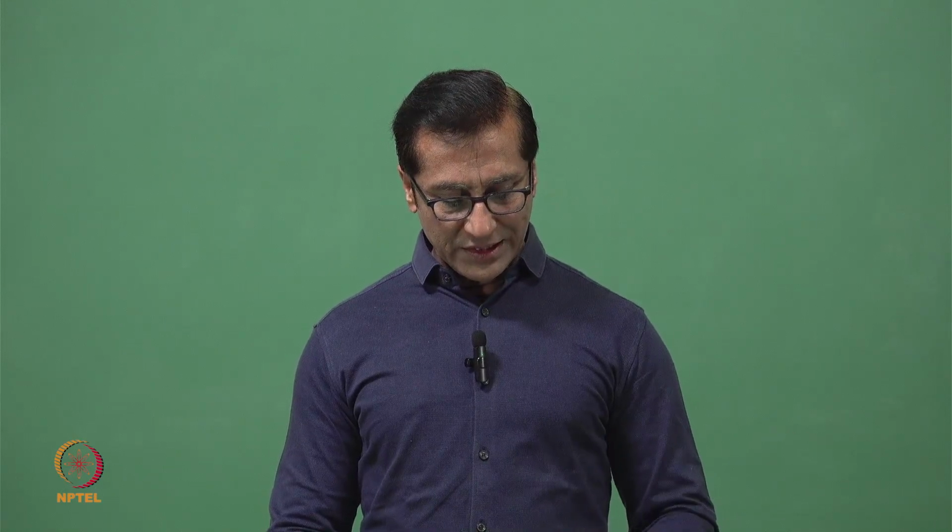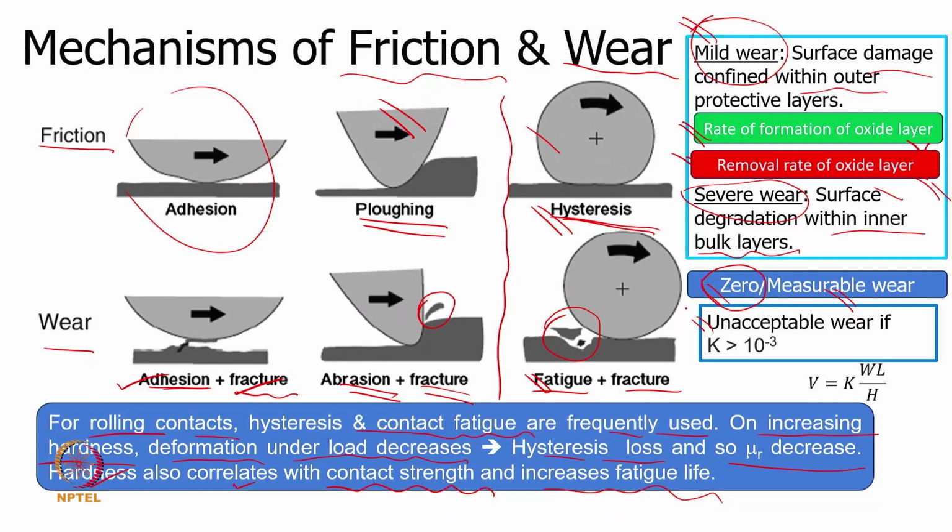And in our earlier lecture, we talked about acceptable wear. Whenever this wear constant, or dimensionless wear constant, is greater than 10 to the minus 3, that means 0.001, then it is unacceptable. That means wear life will be much smaller. If you do not remember, this is the wear constant which we were teaching here. It is dimensionless.